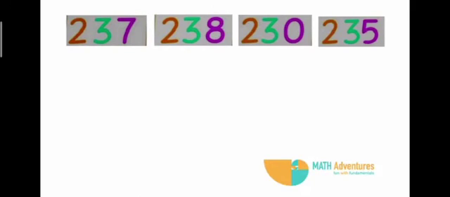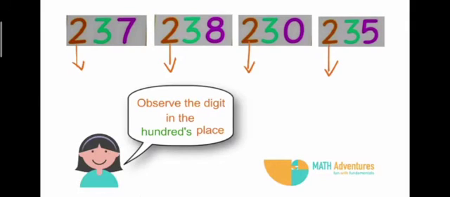So again we will follow the same process. What will we do? We will first check for hundreds place. So here, as we had seen yesterday also, in all the four numbers we have 2 at hundreds place, right? So what do we have to do next? We have to check for tens place also.